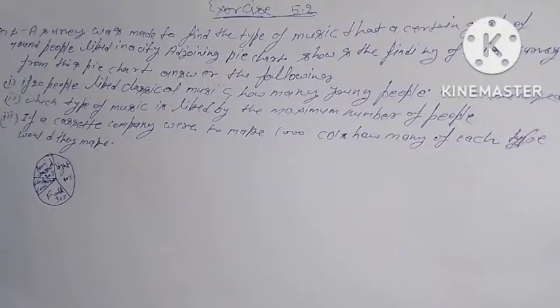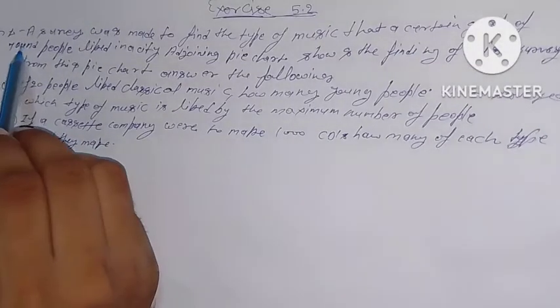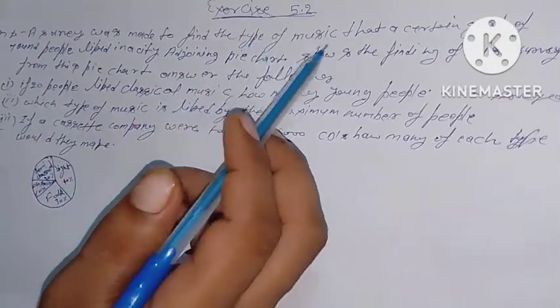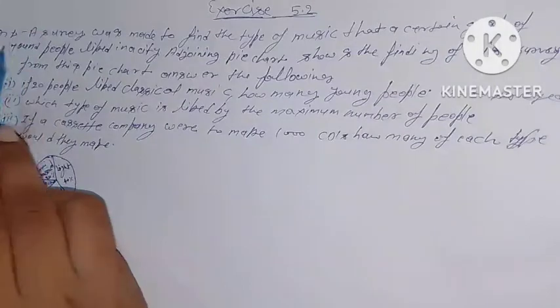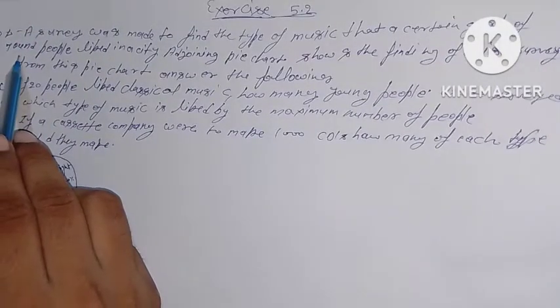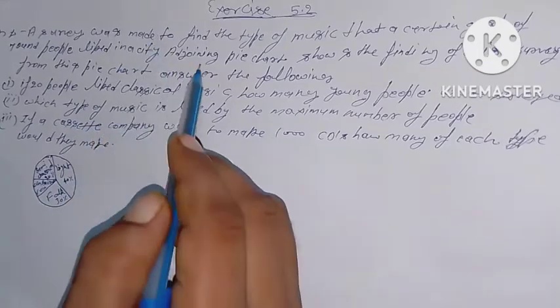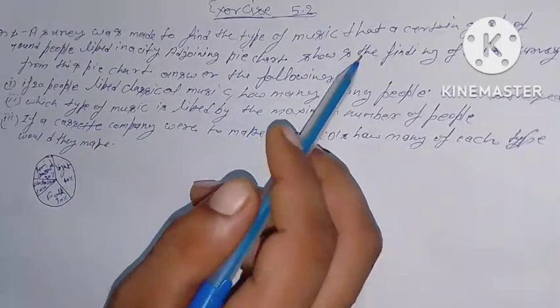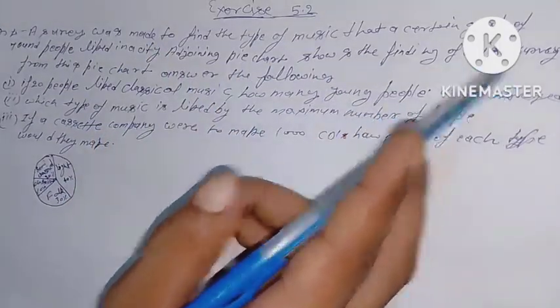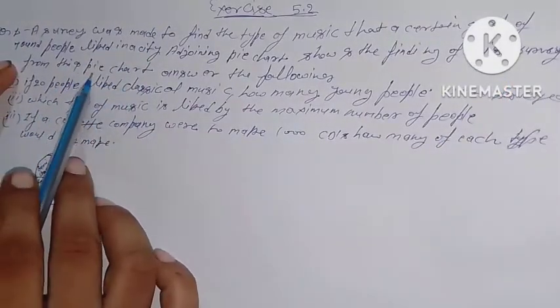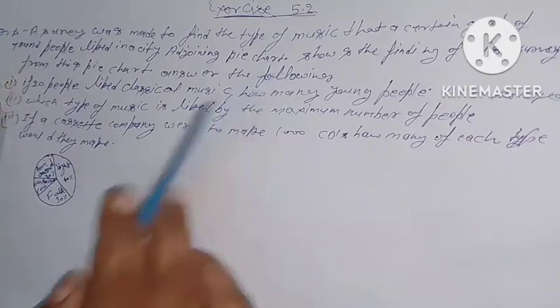Exercise 5.2, question number 1. A survey was made to find the type of music that a certain group of young people like in a city. The adjoining pie chart shows the findings of this survey. From this pie chart, answer the following.